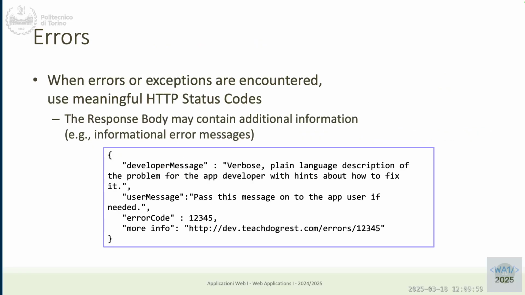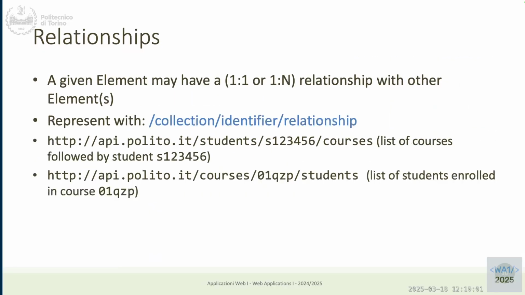And the same is true for collections. If I have a collection like this, imagine I'm doing a get on this URL, so I'm getting the list of all the courses that you are enrolled in. A collection doesn't support put. If I'm doing a post on this, I'm enrolling you in a new course.